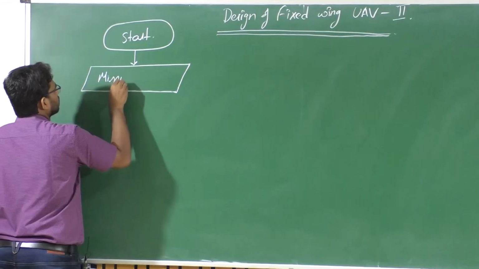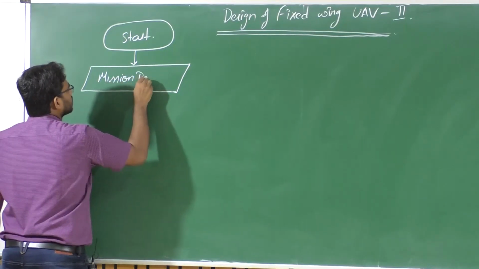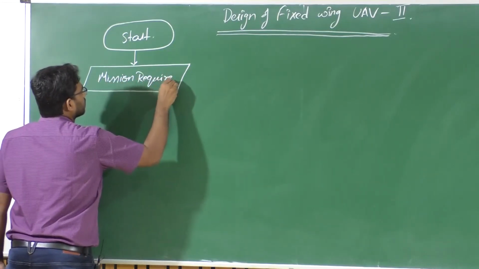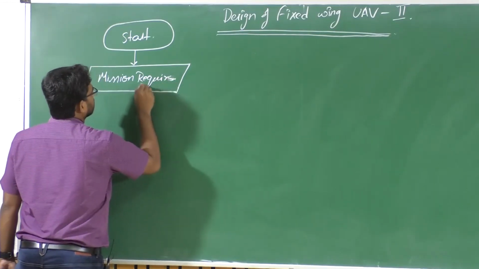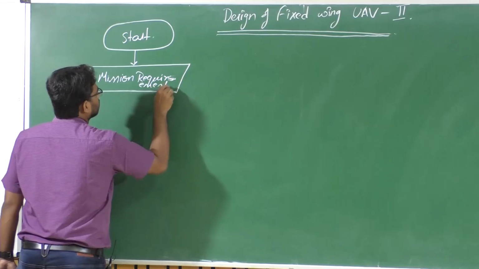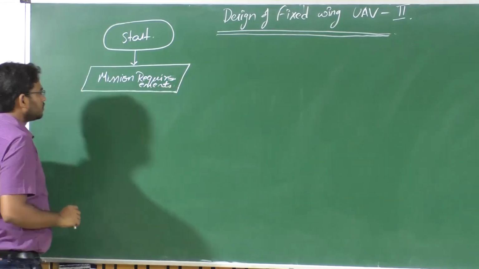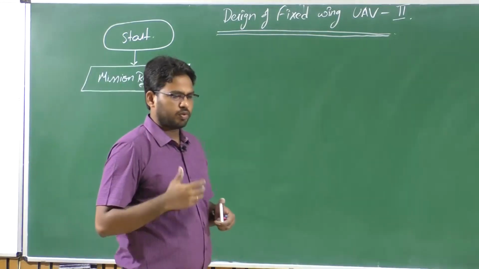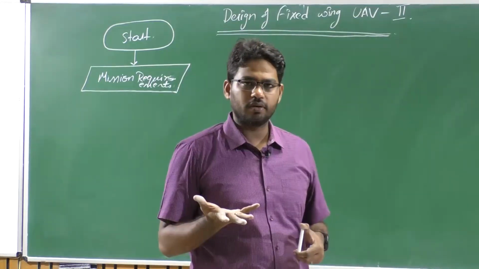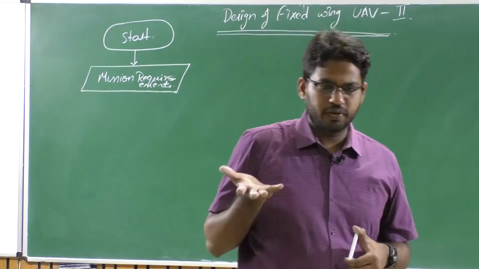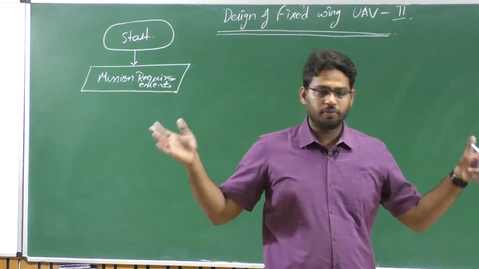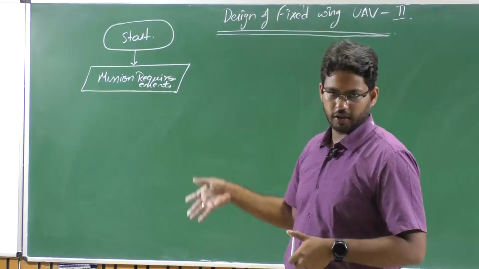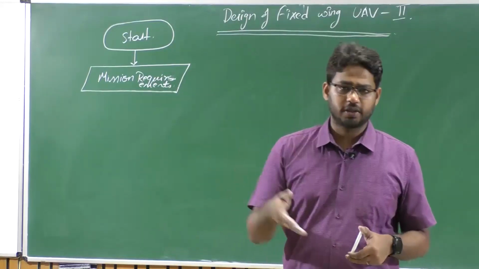So you have mission requirements. From these statements, we'll be able to at least figure out what will be the aim of this design, right? In the sense, you will have certain geometric constraints from the mission requirement statements as well as performance constraints.